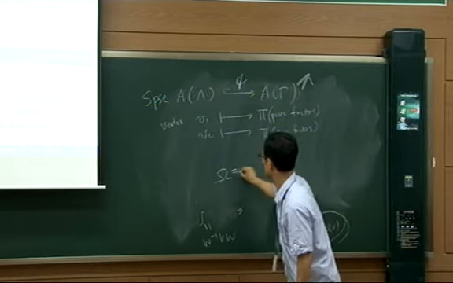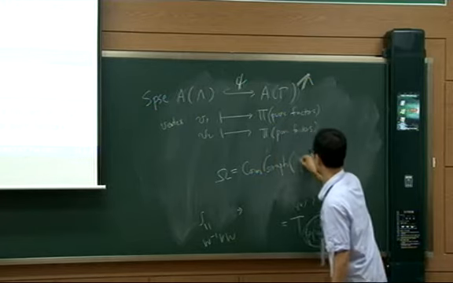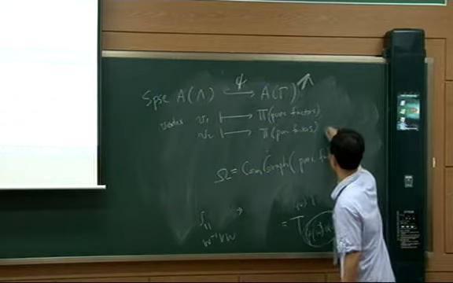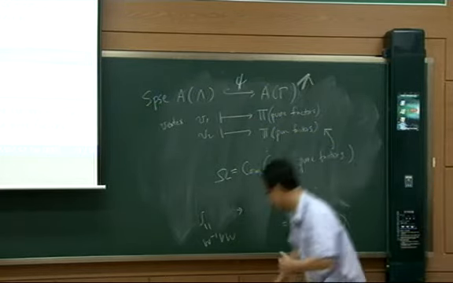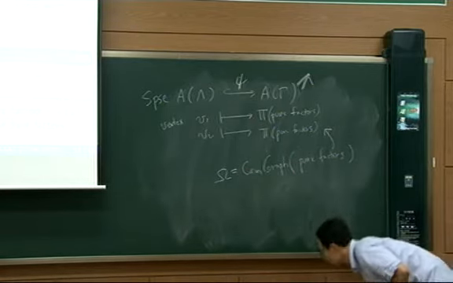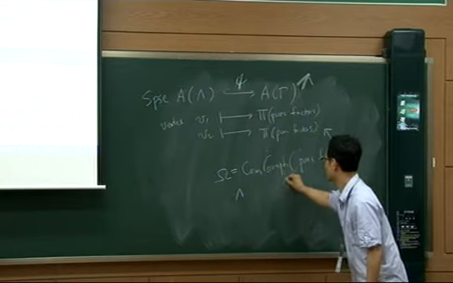Omega is the commutation graph of pure factors appearing in this picture. Then let's see. The picture is like, say, given lambda, and there's an omega.